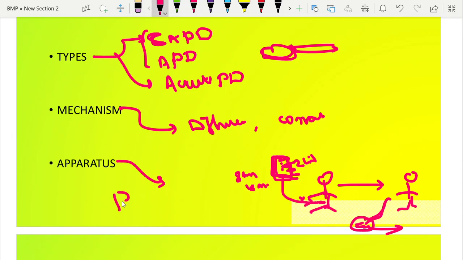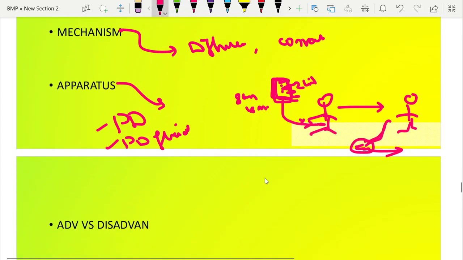So what are the apparatus? PD catheter, PD fluid, and if it is gravity-related peritoneal drainage, no machine is required. If a machine is being used, that is called automated peritoneal dialysis. And yes, peritoneal dialysis can be used in both AKI and CKD.